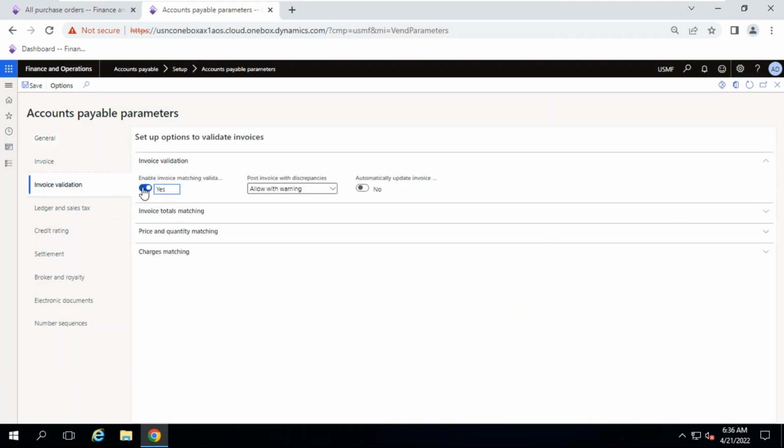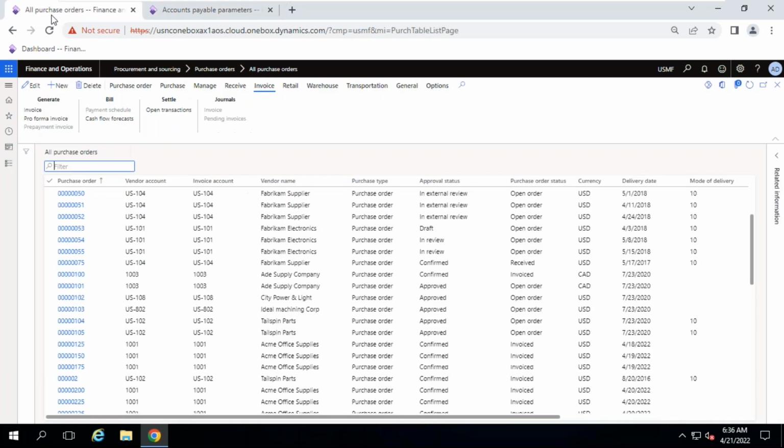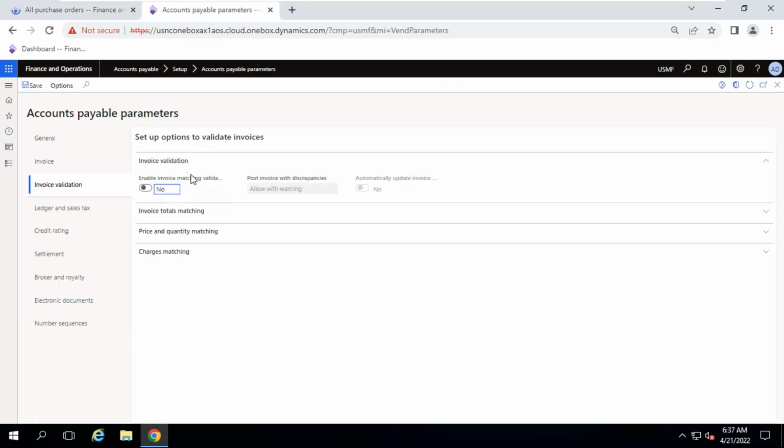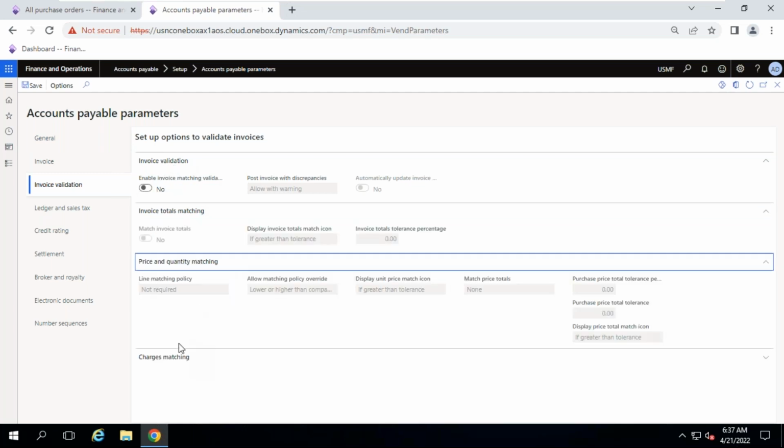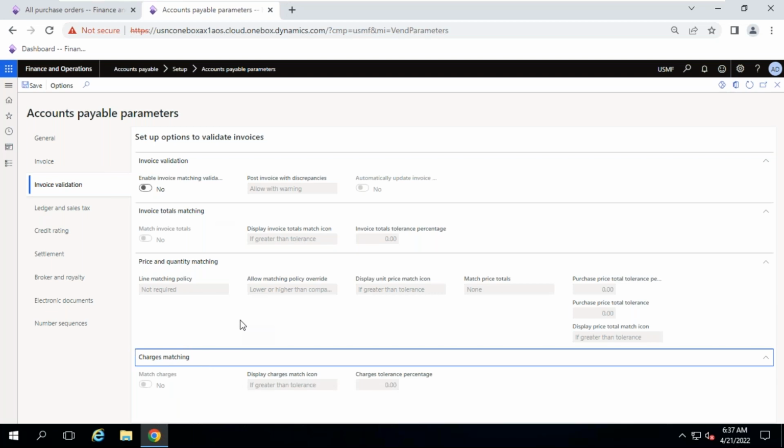I need to disable this one. What is the purpose? Everything you will understand later. I have disabled it. Let me refresh. What is this invoice validation? You will understand at next month end, May month end. Invoice validation, invoice total matching, all these things you will understand later.